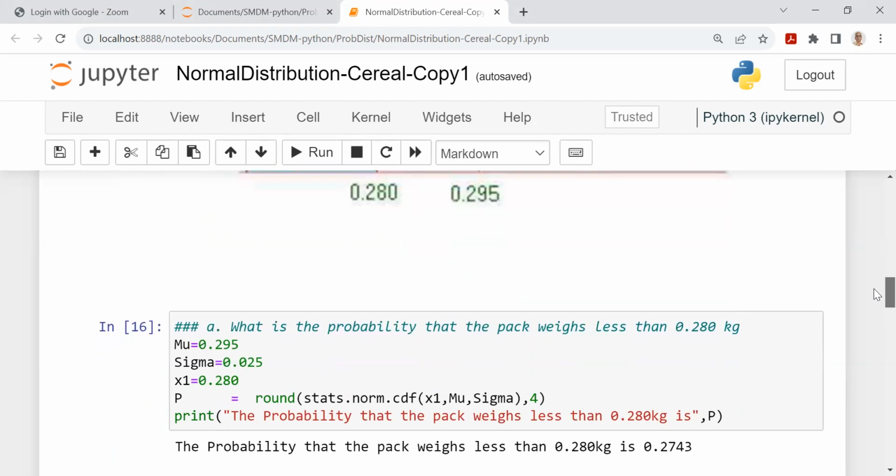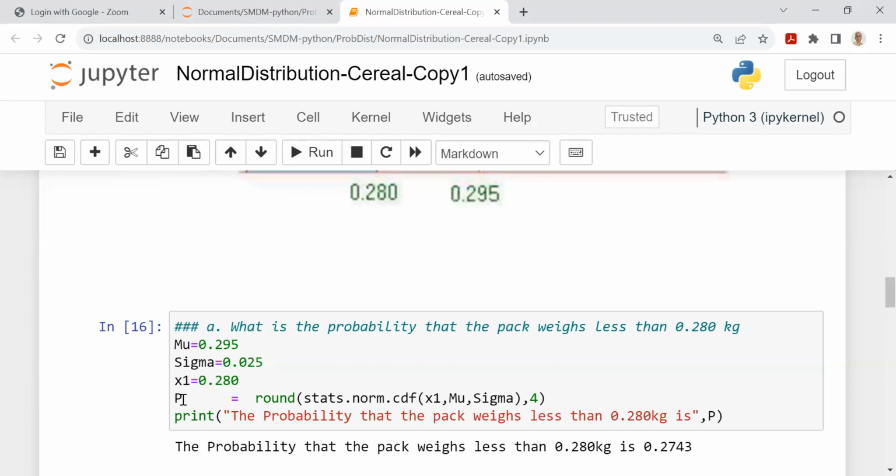And then I write the simple code. What is the probability that the pack weighs less than 0.28 kg? mu is equal to 0.295, sigma is equal to 0.025, x1 is equal to 0.280. This is the ordinate, and we want the probability less than 0.28.